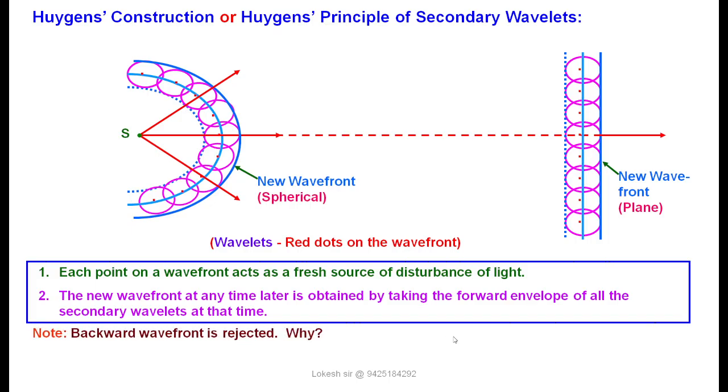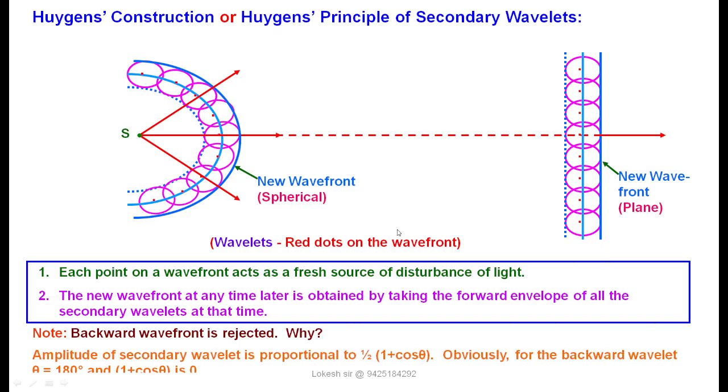Yes. The backward wavefront is rejected. The backward wavefront, this dotted one, is rejected because in the coming derivation we will see that the amplitude of the secondary wavelet is proportional to half of 1 plus cos theta. For the backward envelope, theta is equal to 180 degrees.